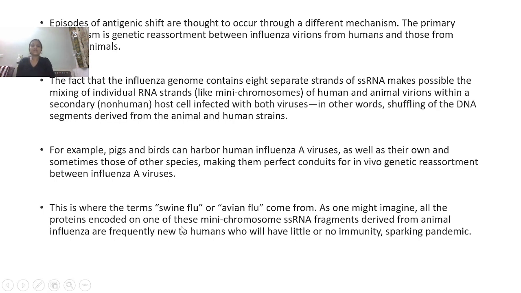That is why it is known as swine flu or avian flu, because it comes from the swine, the pig, or from birds. All the proteins encoded on one of these mini chromosomes derived from the animal are frequently new to humans, and we have no immunity against them. So there will be a pandemic or epidemic which can go on.